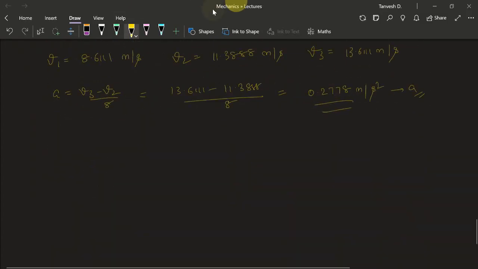The formula that we can use is (v1 minus u1) upon t1 is equal to a1, or basically a, because a is constant. So I'll write it as 0.2778. u1 is 0. v1 I know, v1 is 8.6111.